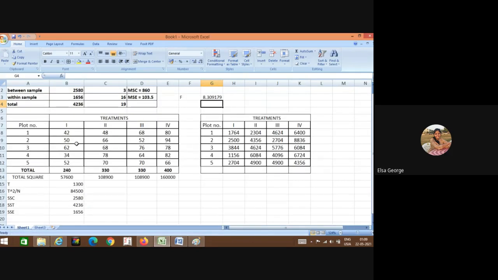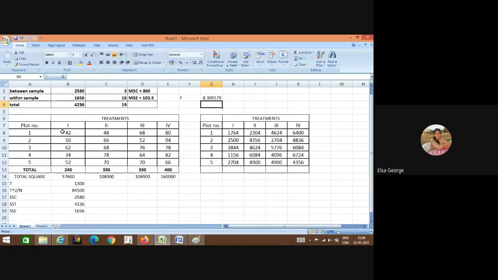Then the next step, T square by N. We already have found out your T, then square it and divide it by N. N means the total number of items, which in this particular case is 20. So T square by N you found out.